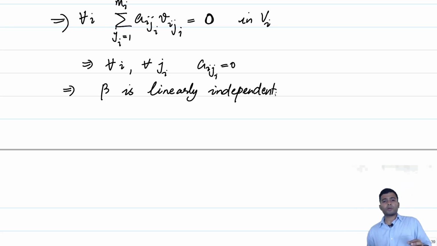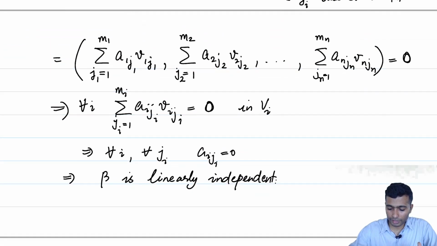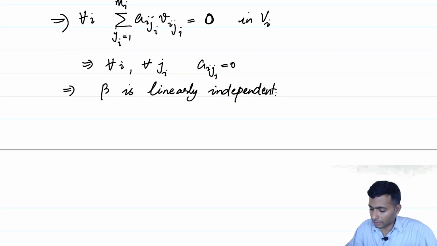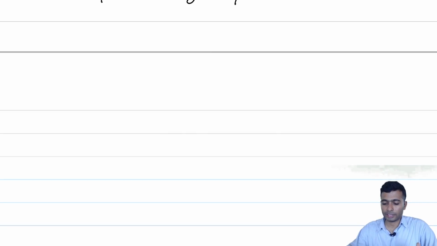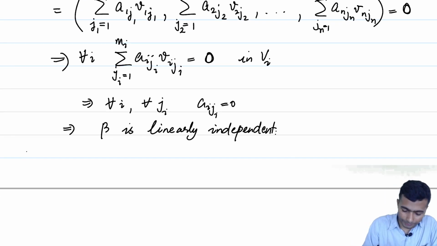The spanning property of beta can be proved very similarly. The indices have to be kept track of very carefully. Let me just leave that as an exercise for you to check that beta is indeed a spanning set as well.